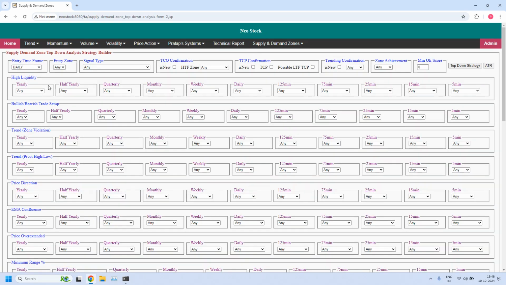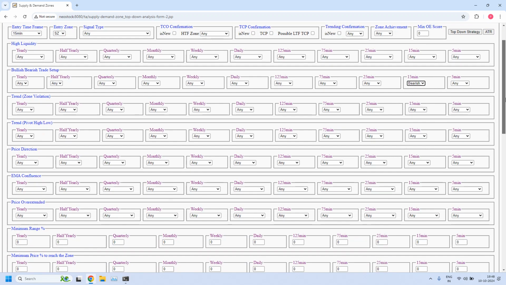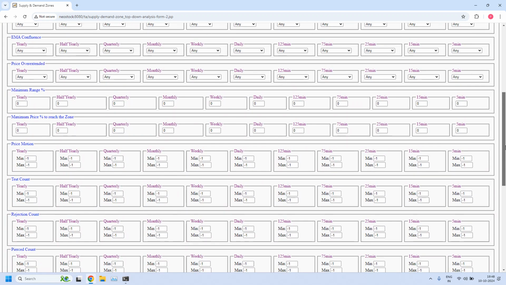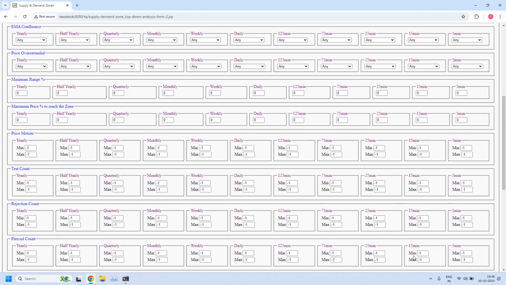Okay, next bearish trade setup for daily income trade. Entry time frame is 15 minutes. Entry zone is supply zone. Bullish or bearish trade setup at 15 minutes, I am selecting bearish. And the pierced count should not be 0, so at 15 minutes I am setting the value.